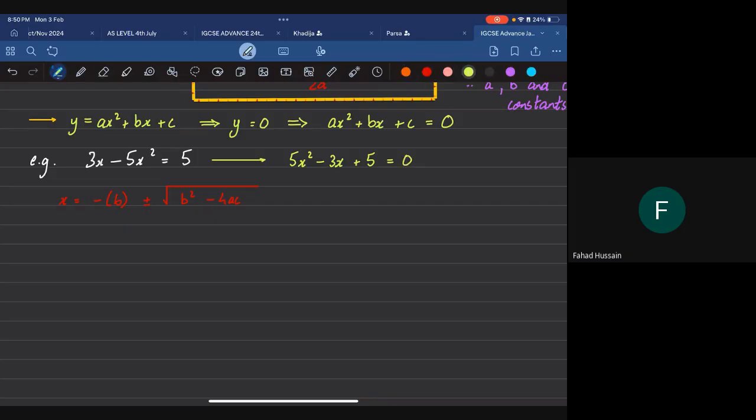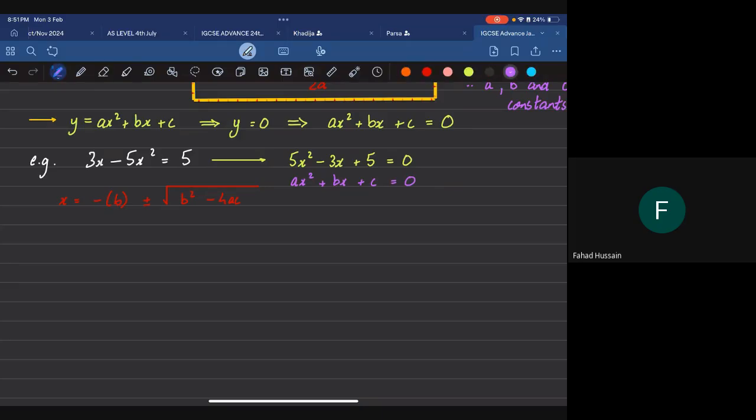Clear? All right, that is how it's going to be. Again, you're going to have ax squared plus bx plus c is equal to 0. Now compare the coefficients and write it down.